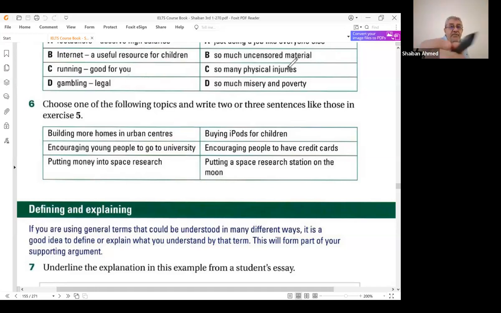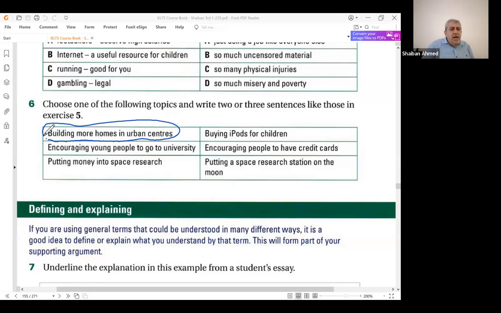Now, refute these views. Do you think building more homes in urban centers would be a good idea? Urban centers, when we talk about the city centers, do you think we should have more buildings? If you say no, refute it.